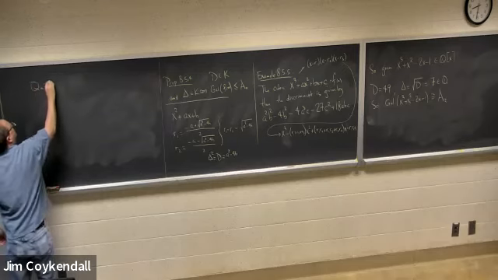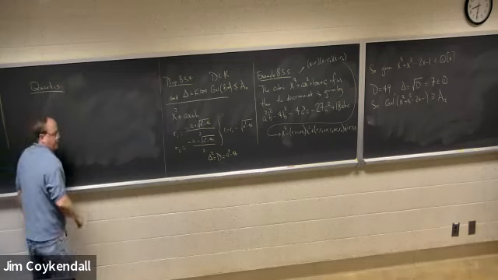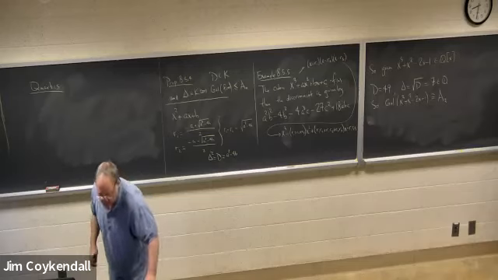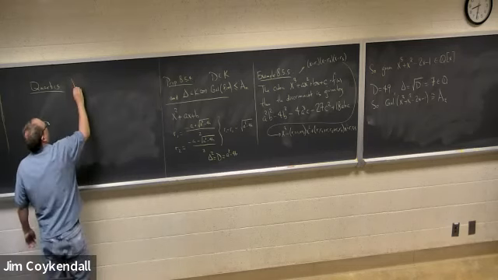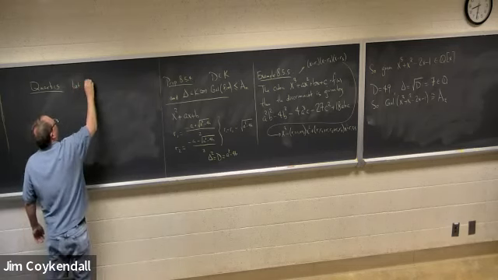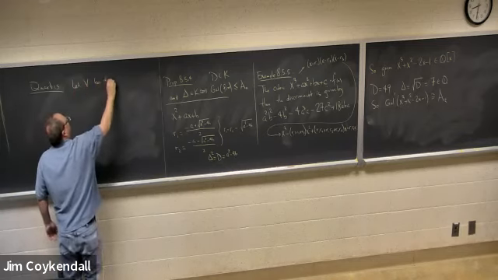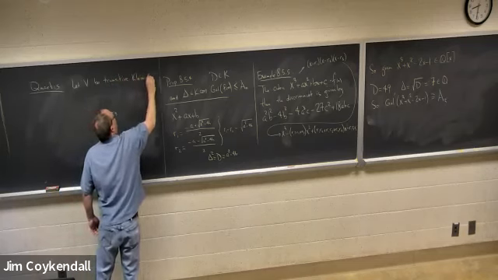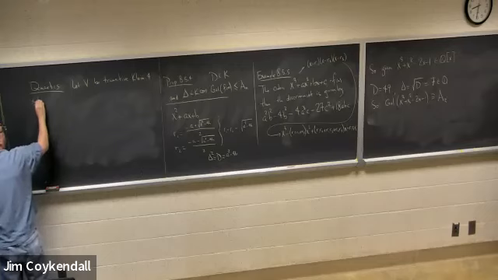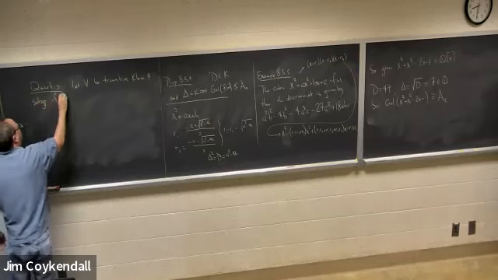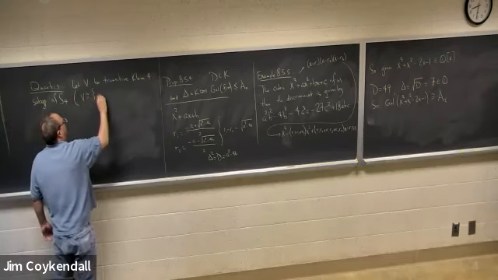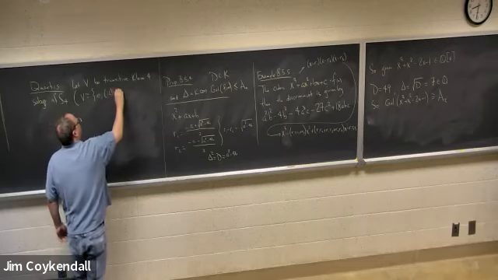So let me give you the ground rules for this. Let B be the transitive order 4 subgroup of S4. So B is the one that I listed earlier.